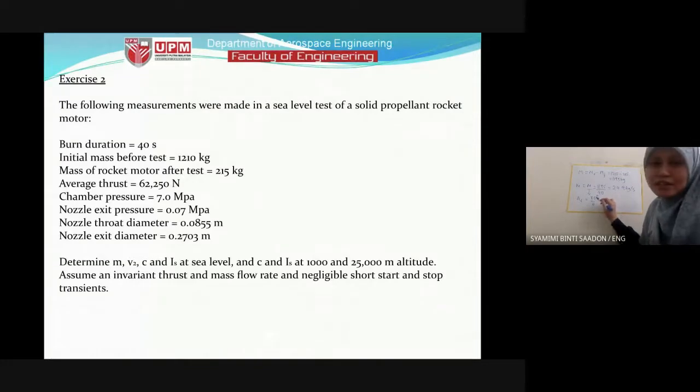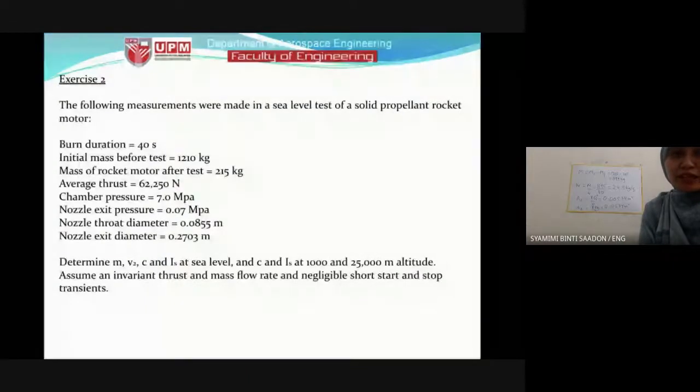This diameter is 0.0855. Another one at the exit, with diameter 0.27. So you have the area around 0.00574 meters squared.